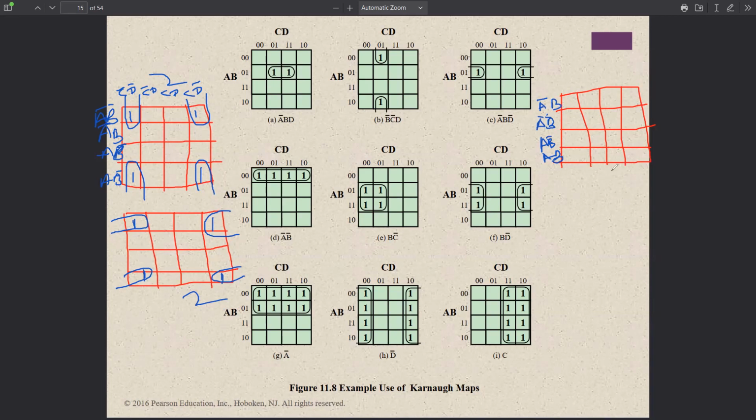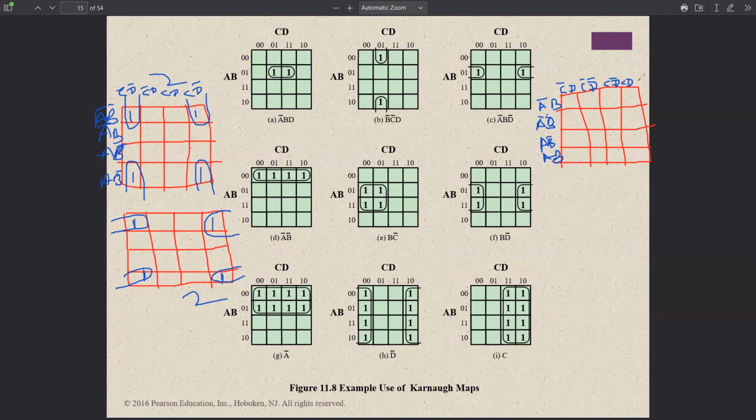And for here, I will go C bar D bar, and C D bar, right? C bar D bar, C D bar, and this one is C bar D, and C D.